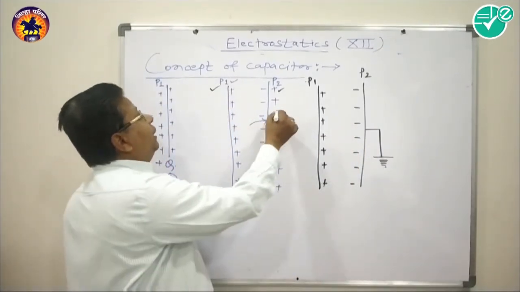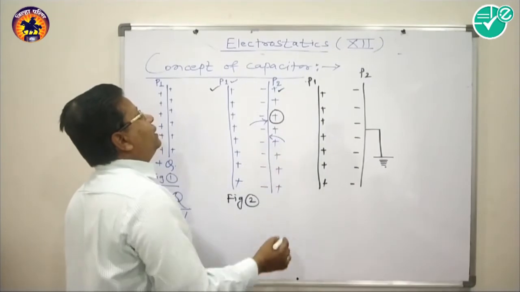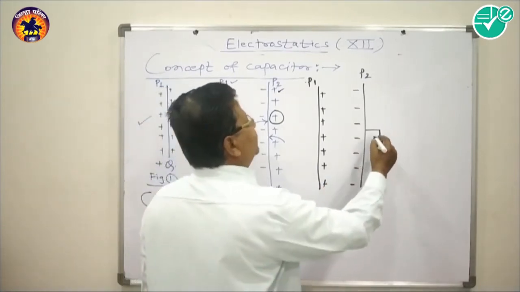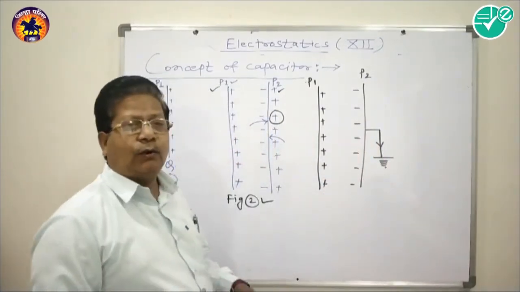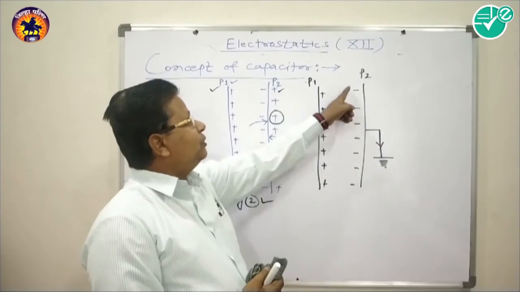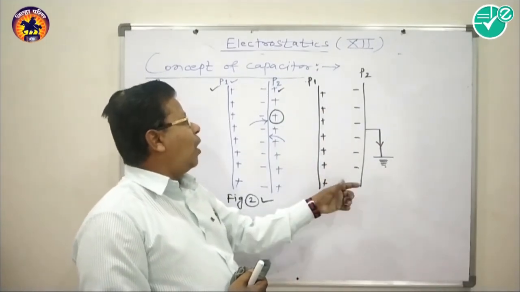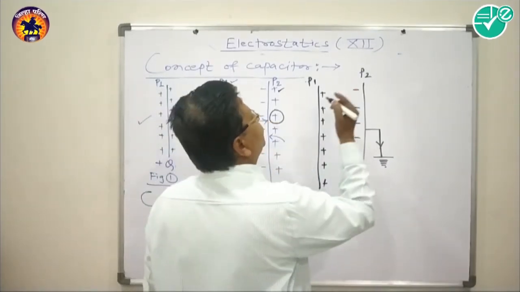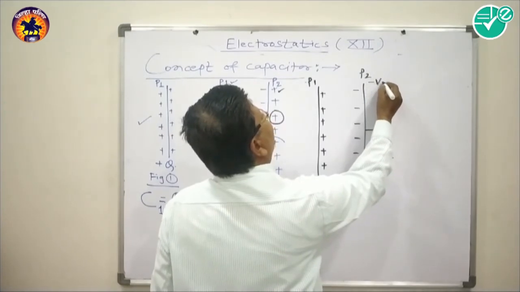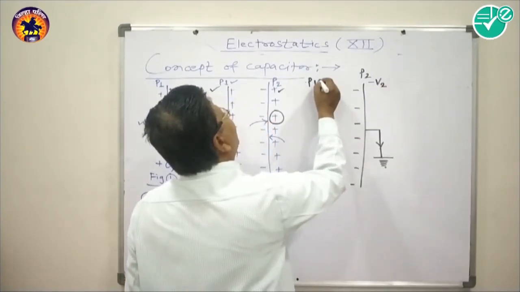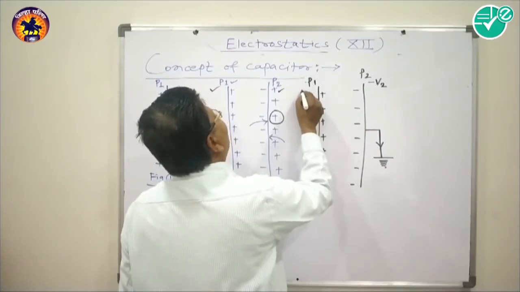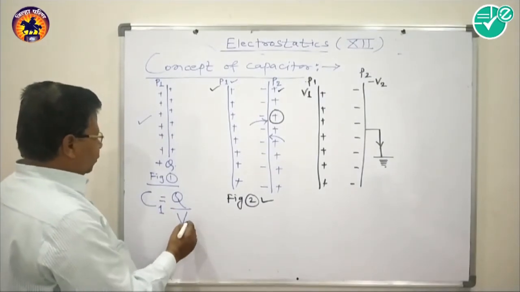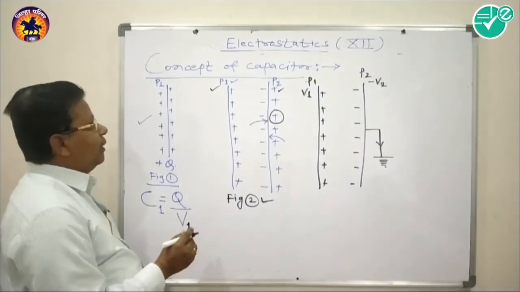Then the positive charges which are outside the plate P2 in figure 2 escape to the earth, and only negative charges are present on the inner side of plate P2. Due to this the potential of plate P2 is V2, and the initial potential of plate P1 is V1. So C1 is equal to Q divided by V1.